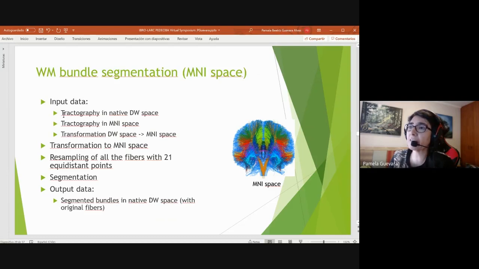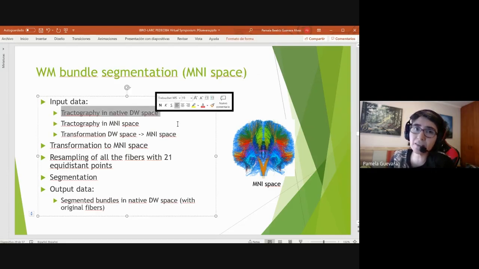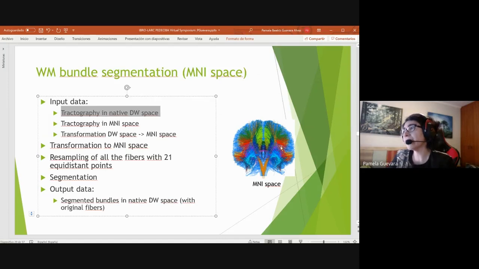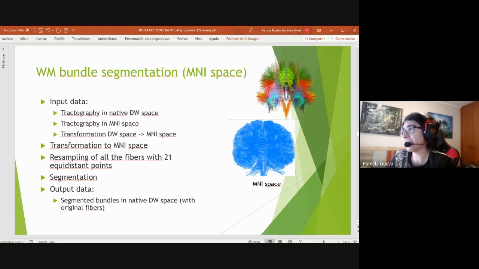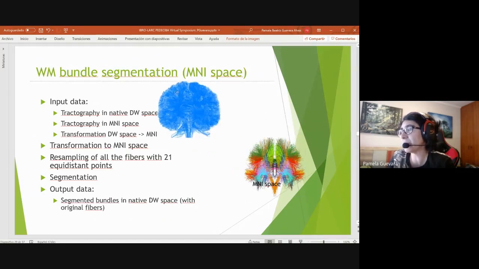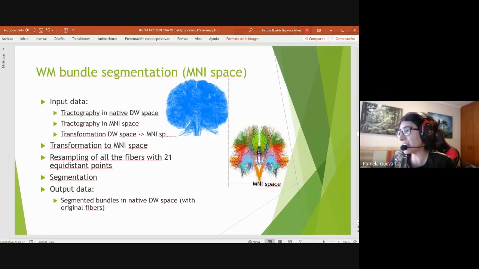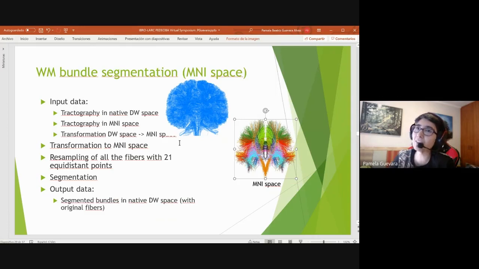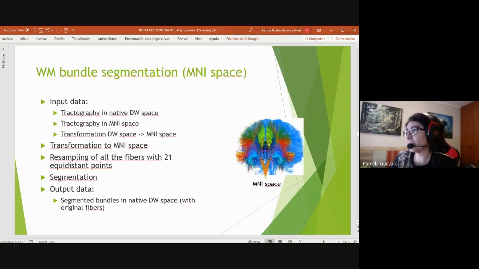So here, just to explain how to apply this method. Once the tractography is calculated in the diffusion space of each subject, and the atlas is in another space, the MNI space, we need to transform, and this is not easy. I don't know if some of you have worked with that, but it's not easy to apply a transformation that will work well.